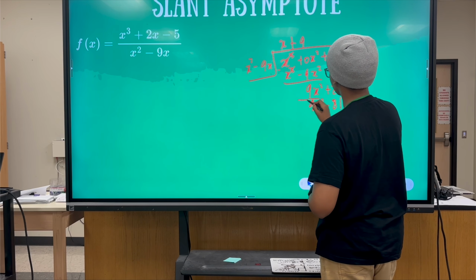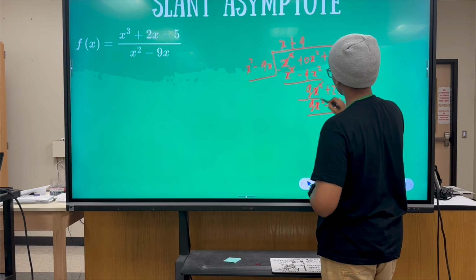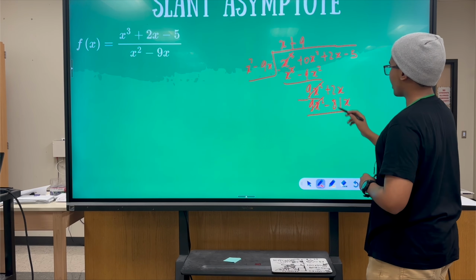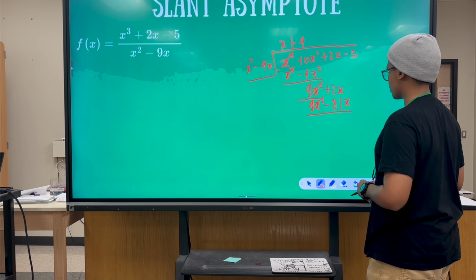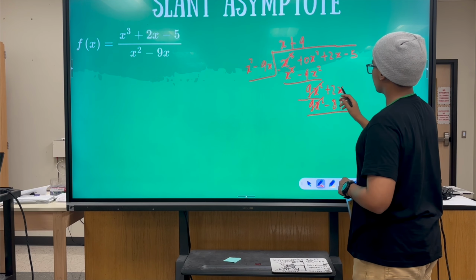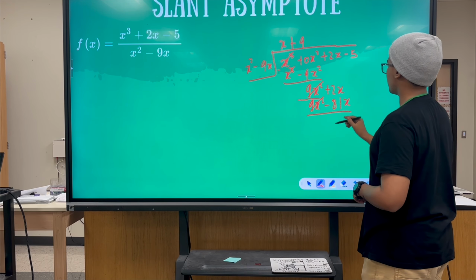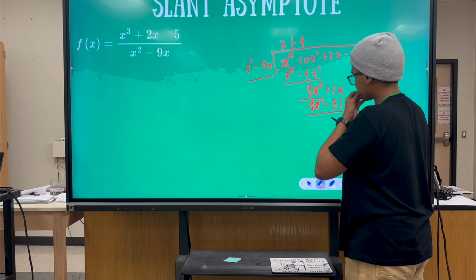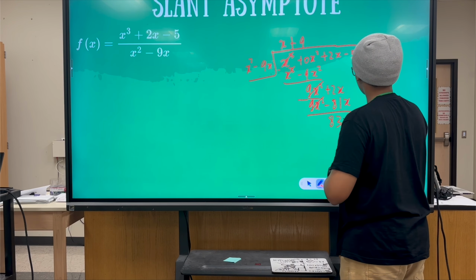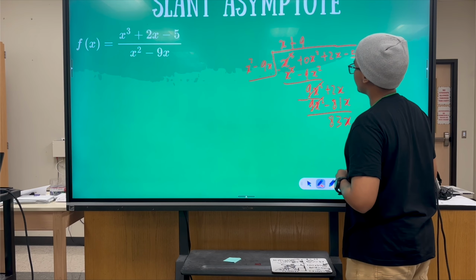And when you subtract this, these two cancel, and you would be left with 2x minus 81x, which would give you 83x, and then that would be it.